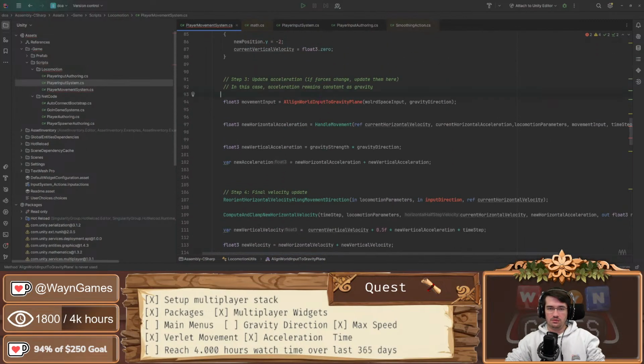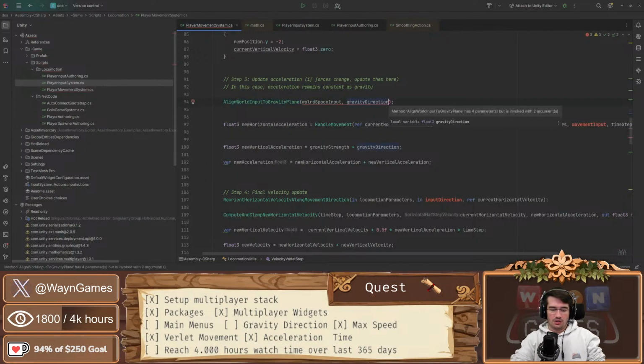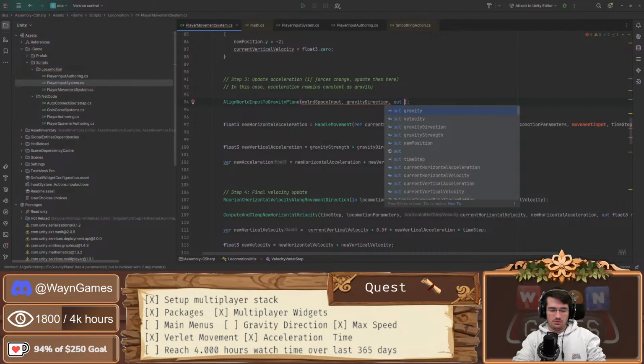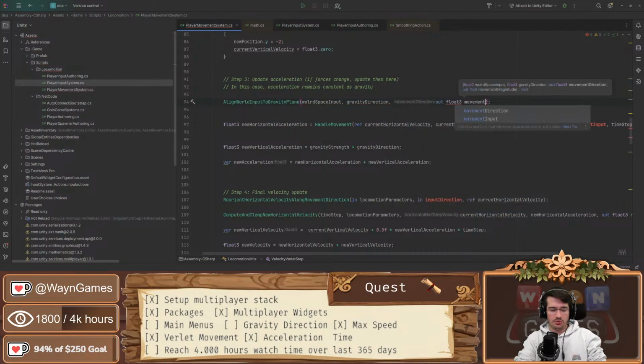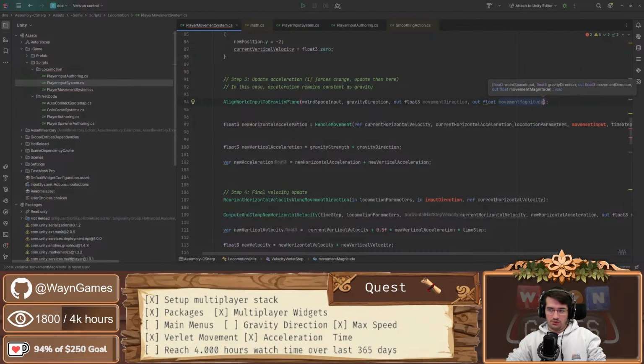It's no longer used because it was here. I remove that. I've put an out movement direction, float movement magnitude. Okay.